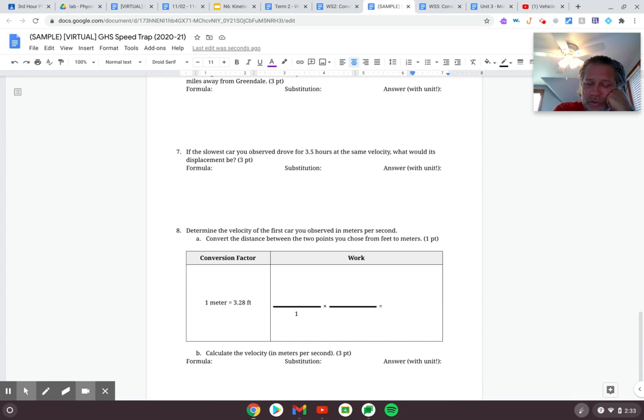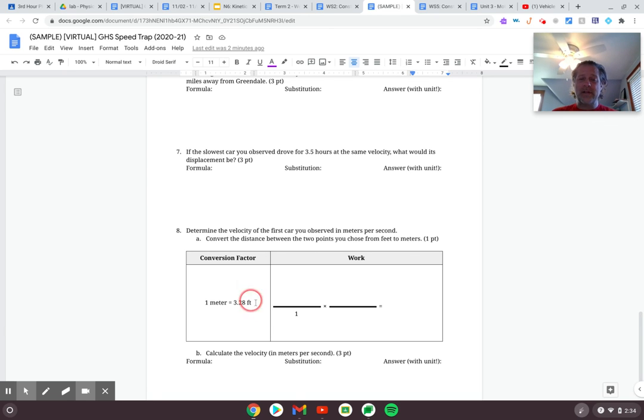And then you're supposed to use the velocity of the first car you observed in meters per second and convert the distance between the two points, first of all. So what you need to do here is set this problem up so that you have feet on the top and feet on the bottom and meters on the top.